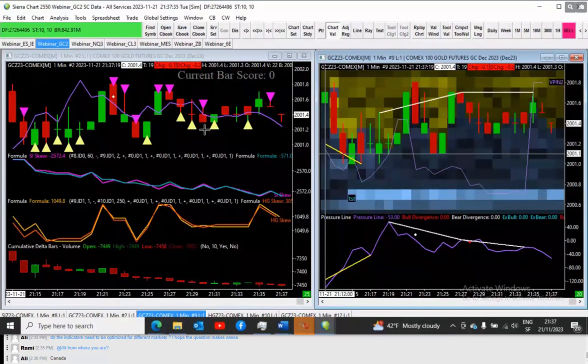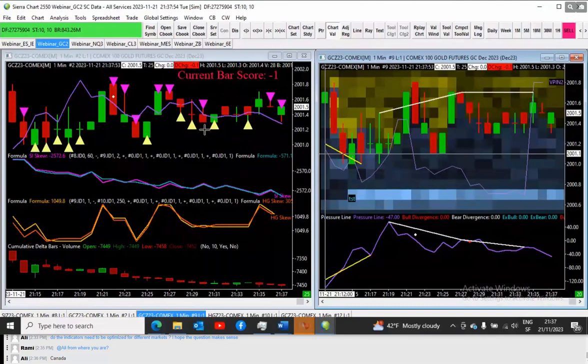Now, I think if I remember rightly, the highest score would be 8. So either 6 or 8. It's a while since I looked at the code, but anyway, once you get above 3 or 4, then you can have confidence in the signal.